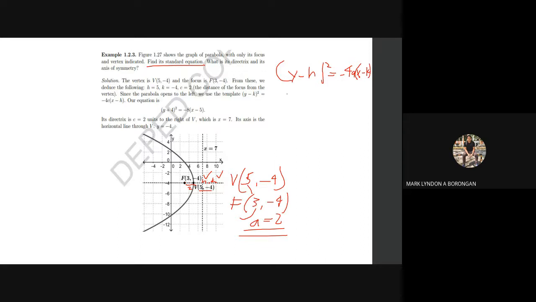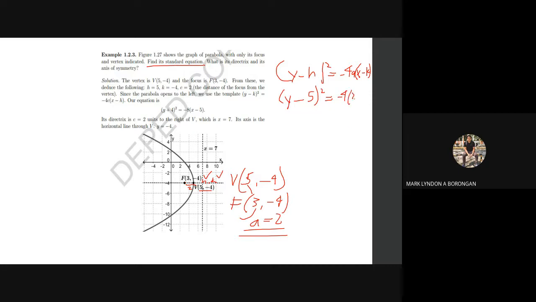So for y, it is negative h. It's the same concept as the circle, guys. If it's in coordinate form, you reverse the sign. So if it's positive 5 here, this will become negative 5. Okay? And then squared is equal to negative 4a times x. So negative 4, and our a is 2.